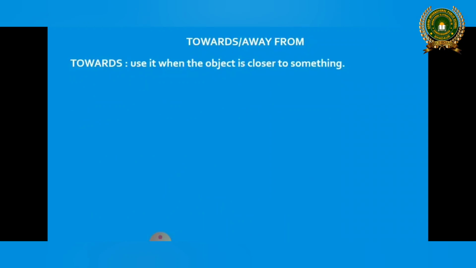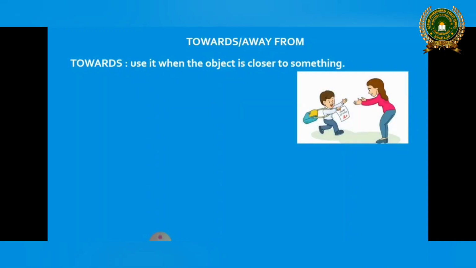Okay. And then towards and away from. Towards is used when the object is coming closer to something or going closer to something. Okay, we will learn it with an example. See, the boy ran towards his mom, means he is going closer to his mom.